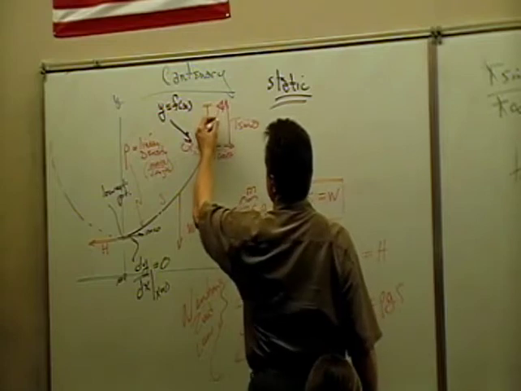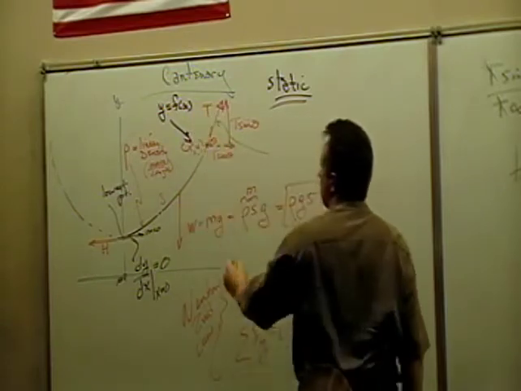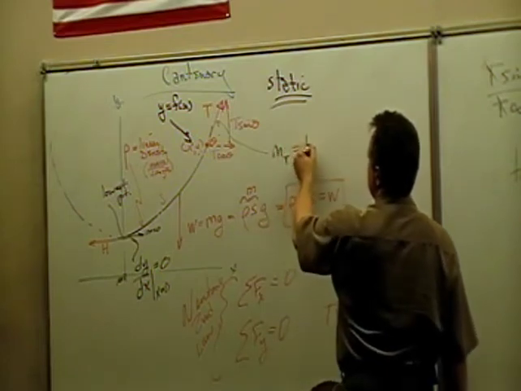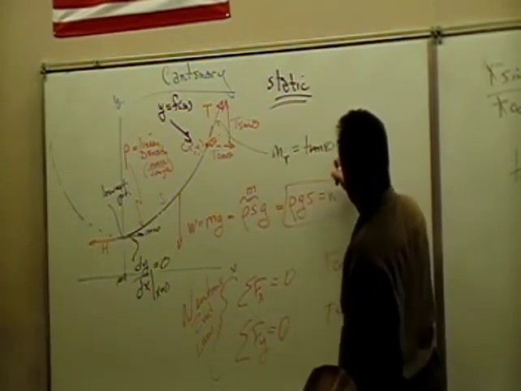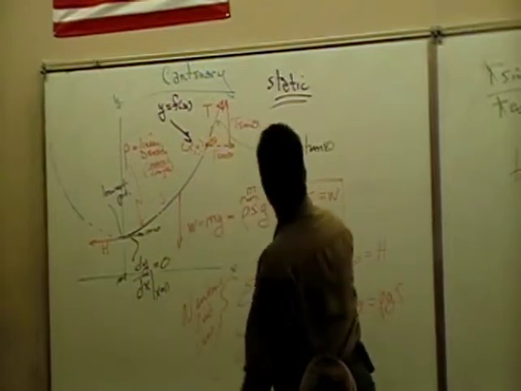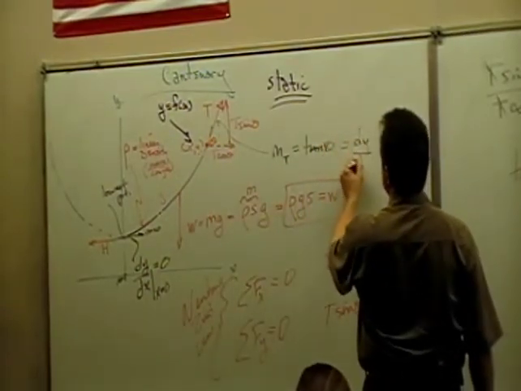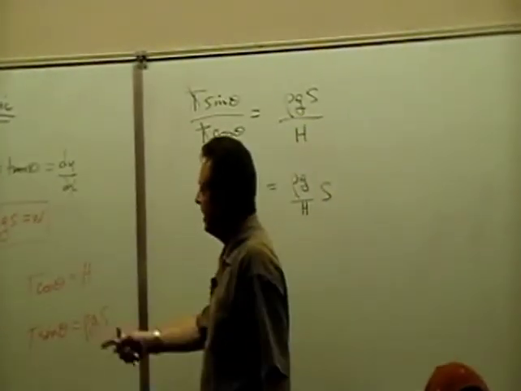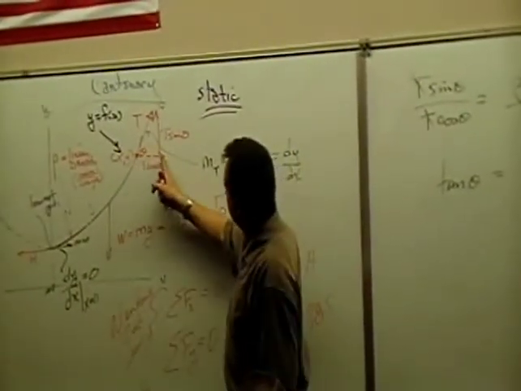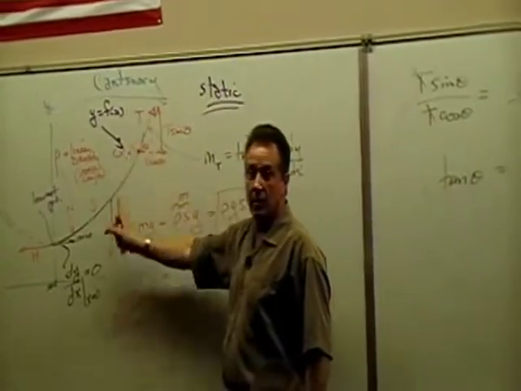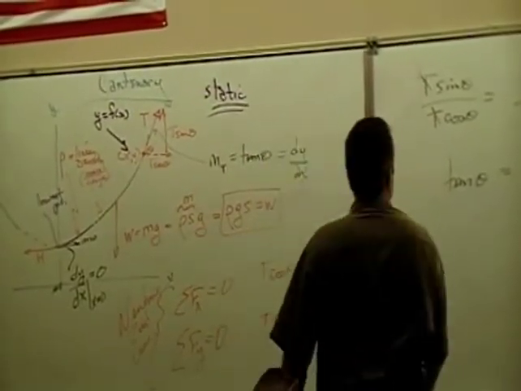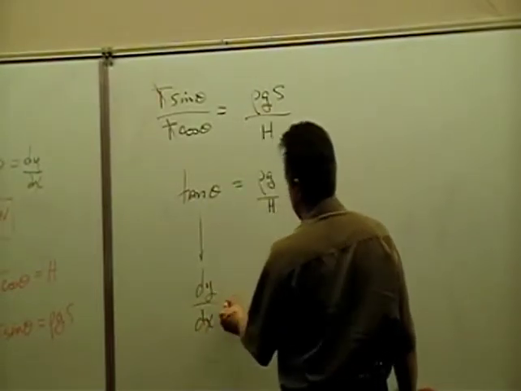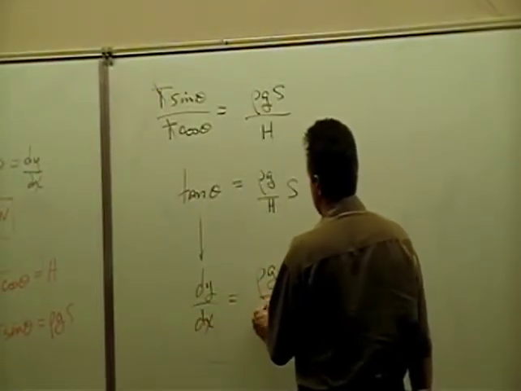It's the slope of this tangent, the slope of that tension. The slope of the tangent line is the tangent of theta. And we know that the slope of a tangent line is actually the derivative of y with respect to x. Taking the derivative of the function with respect to x, you get the slope of the tangent line. Hence, this is actually just the derivative of y with respect to x, equaling rho g over h times s.